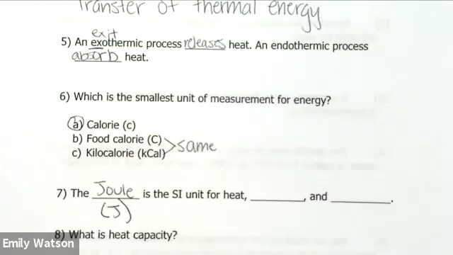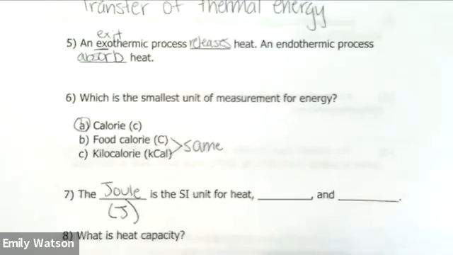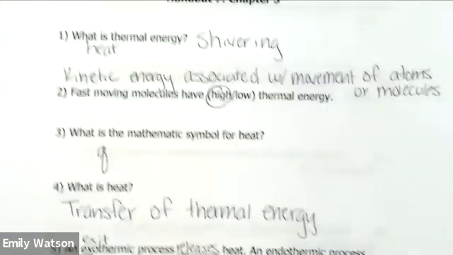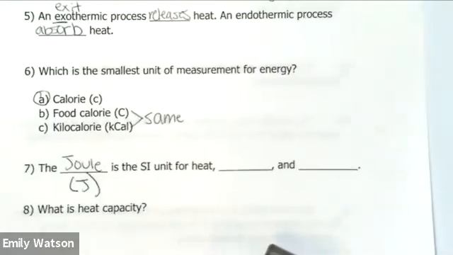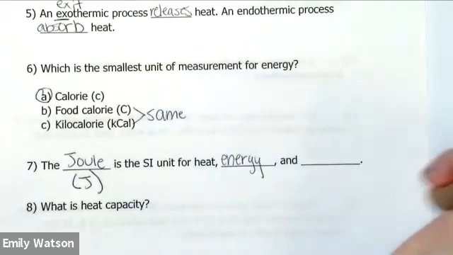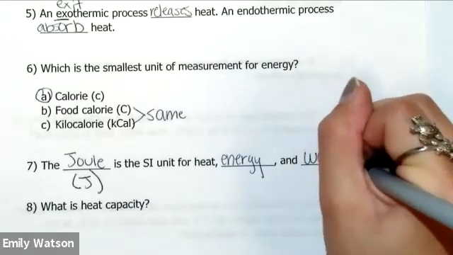Don't worry, we get into the difference. It measures heat, it measures energy, and then we'll see towards the end of this worksheet, it can also be used to describe work.